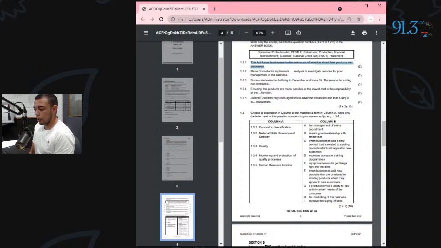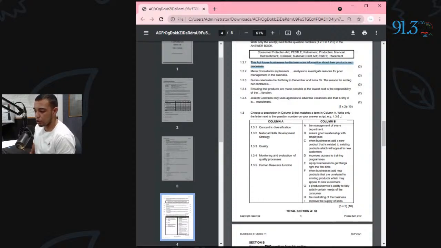So what we're looking at is the acts, because they're asking us the act. What act is given to us? The Consumer Protection Act and the National Credit Act. If we look at the National Credit Act, it is not needed here. Why? We are not looking at credit purposes or lending money. We are looking at the products and processes.